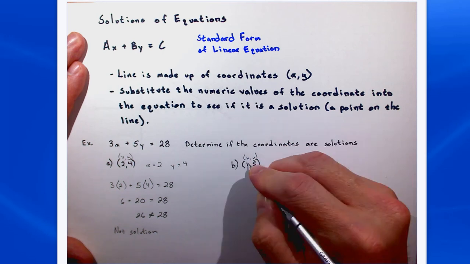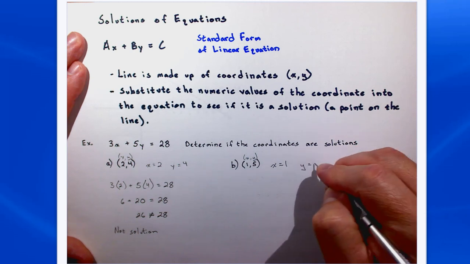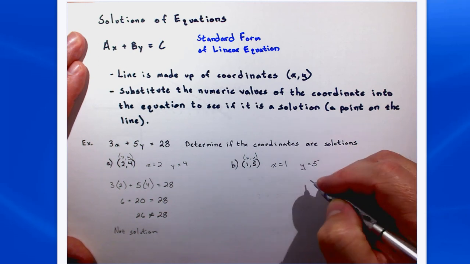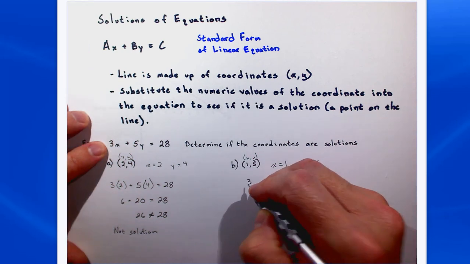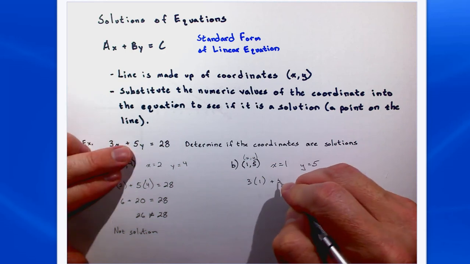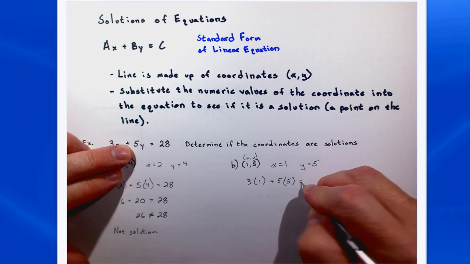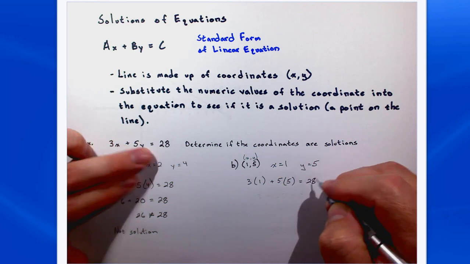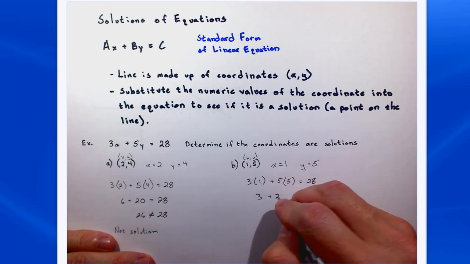So I know that x is equal to 1 and y is equal to 5. I'm going to plug those in. So I'm going to say 3 times 1 plus 5 times 5, and what that should equal is 28. So 3 times 1 is 3, plus 5 times 5 is 25.